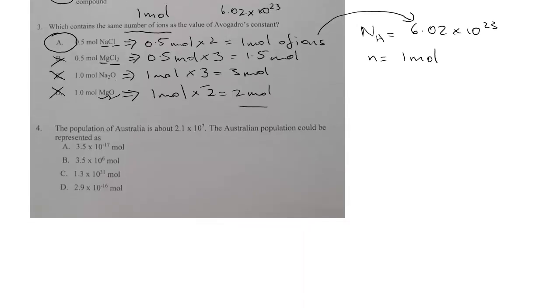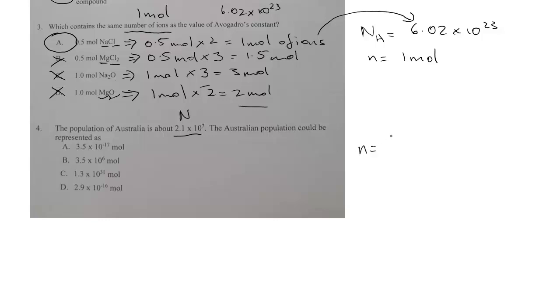Let's have a look at question 4. The population of Australia is about this amount. The Australian population could be represented as, you can see all the values here, they're in mole. So this value here is number. Okay, so the number of Australian people. So we can actually get the mole of Australian people.